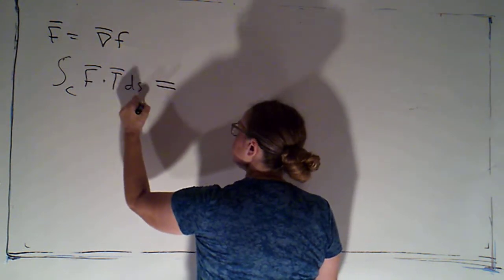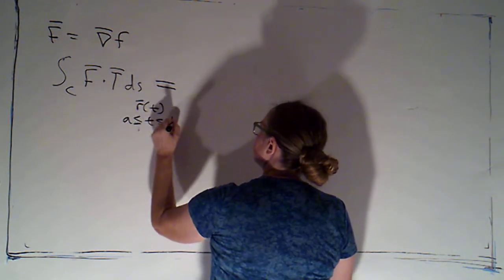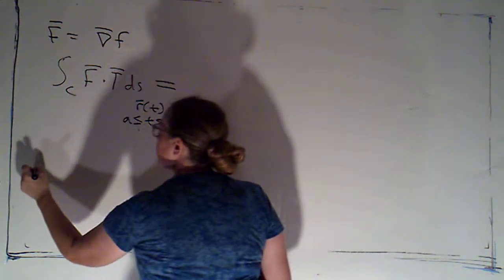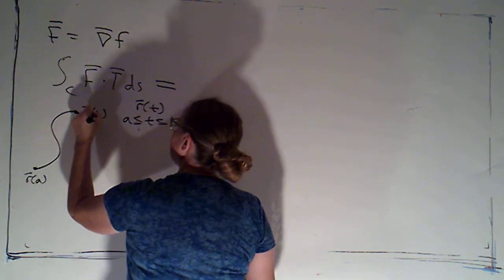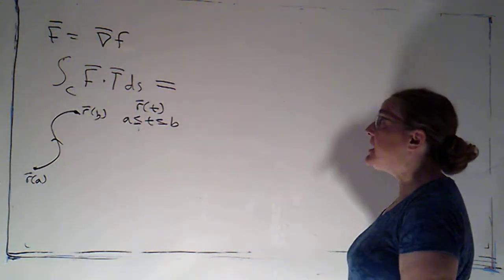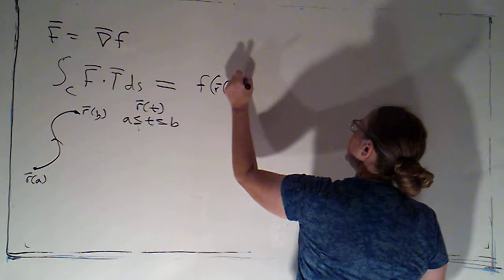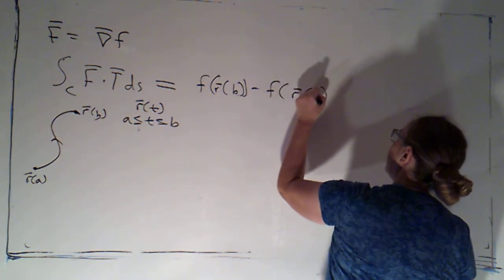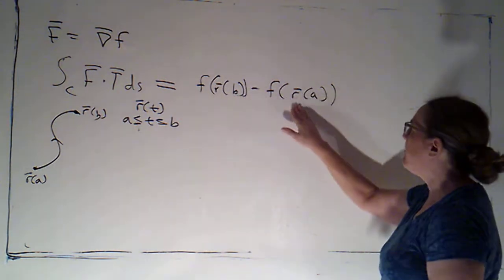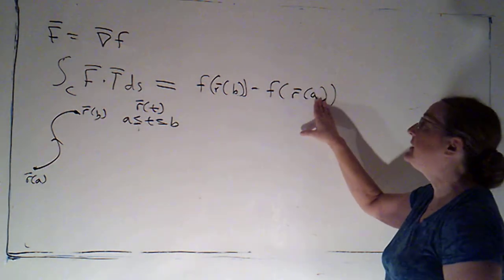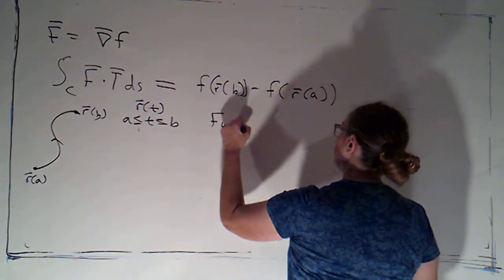And if I parameterize C as r of t, where t varies from A to B, so that my curve went from r of A to r of B, I can actually evaluate this as just f of r of B minus f of r of A. It's the potential function evaluated at my ending point minus the potential function evaluated at my starting point. Okay. And that's the fundamental theorem of line integrals.